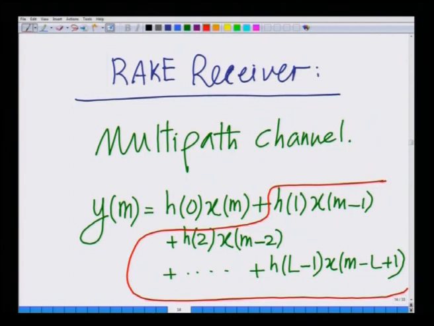However, now look at this system, my output y m at time m depends on x m, but it also depends on x m minus 1, it is plus h1 into x m minus 1 plus h2 into x m minus 2, so on, plus h L minus 1 into x m minus L plus 1.